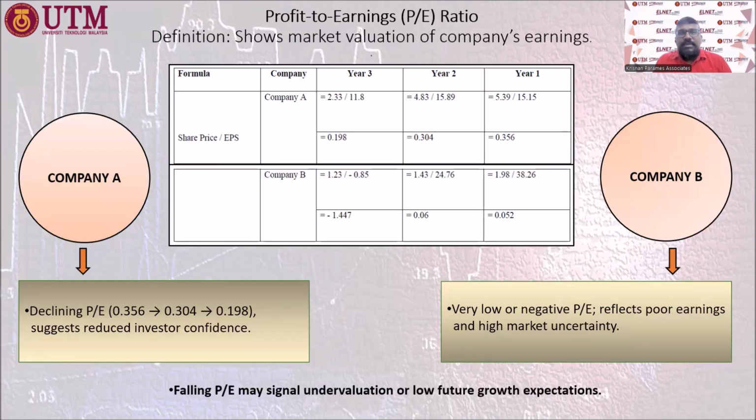Moving forward, the price to earnings ratio. The definition here shows the market valuation of a company's earnings. So for company A, the price to earnings has been dropping, showing investors might have less confidence in the future growth, because you see the price to earnings is from 0.356 to 0.304 to 0.198, which suggests reduced investor confidence, whereas company B is negative in year 3.